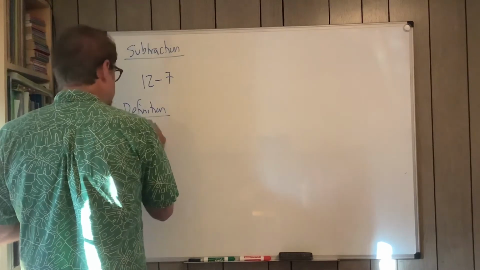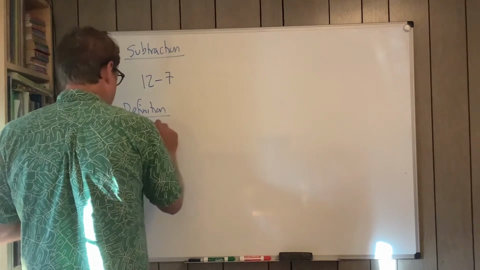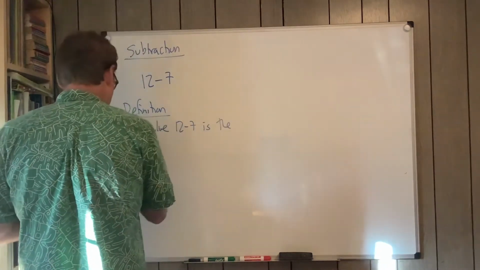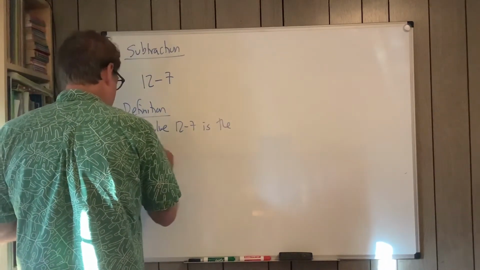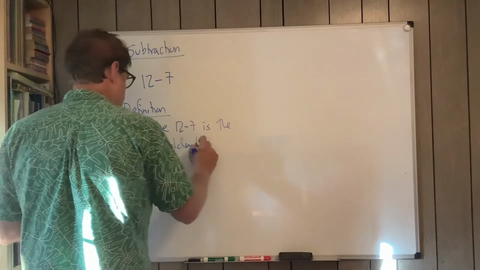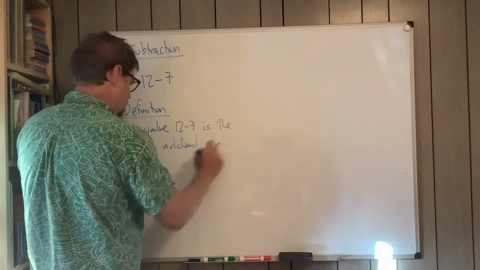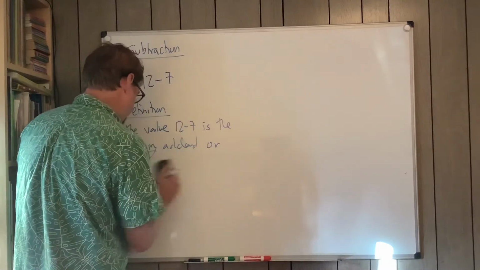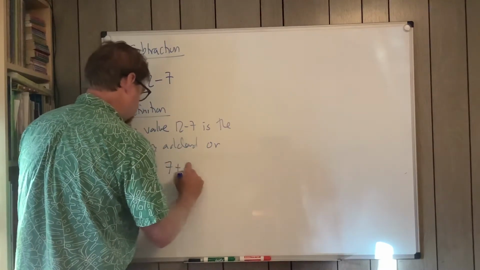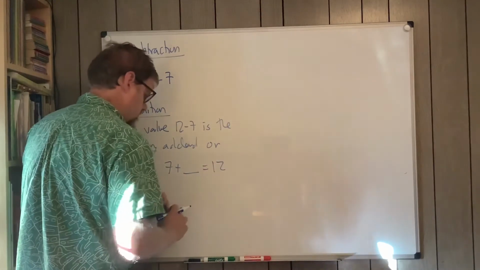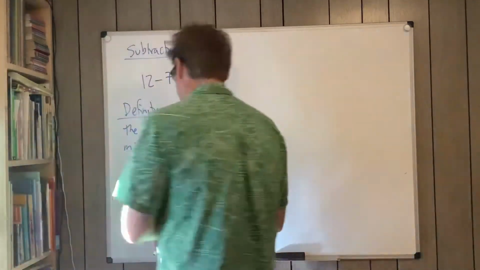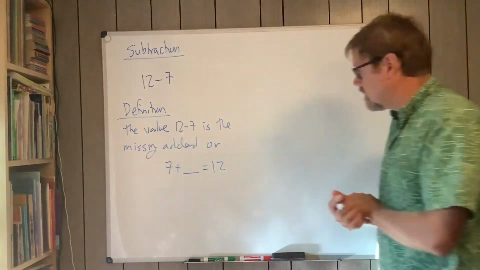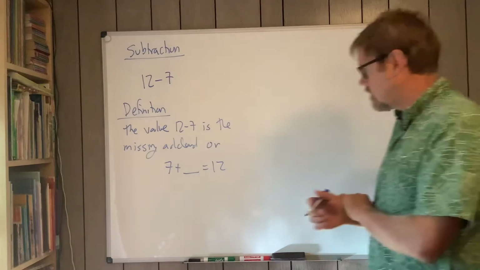The value 12 minus 7 is the missing addend, or 7 plus blank equals 12, right? And so the 12 and 7, there's nothing special about them, but yeah, that's what they are.